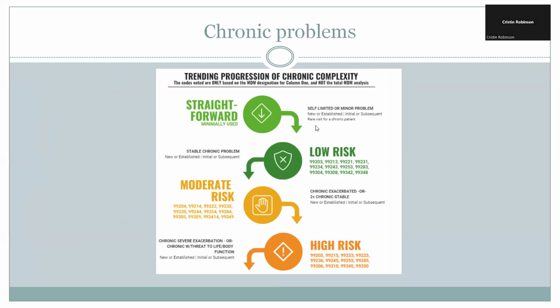So as we mentioned earlier, straightforward is minimally used, but can be used if needed. You have a stable chronic problem, whether it be new or established, initial or subsequent, and this is going to be your low risk. As you can see by the visual, it gives you all of the codes that could possibly qualify as a low risk.